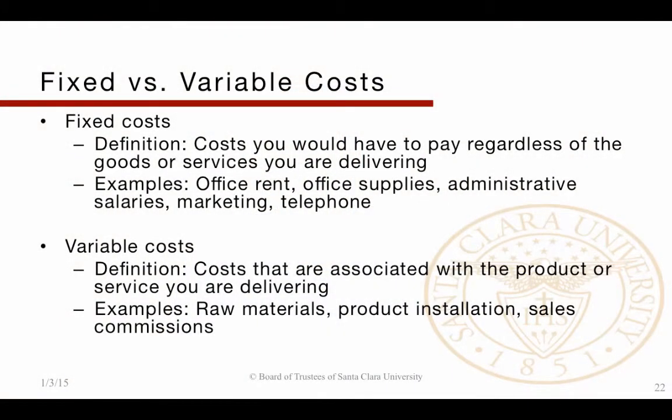Another key concept for building your financial model is the notion of fixed versus variable costs. So fixed costs are the costs that you would have to pay regardless of how many goods or services you're delivering. So for example, your office rent, your office supplies, administrative salaries, accountants, marketing, telephone, those costs are going to be there whether you sell 0 units, 1 unit, 100 units, 1,000 units.